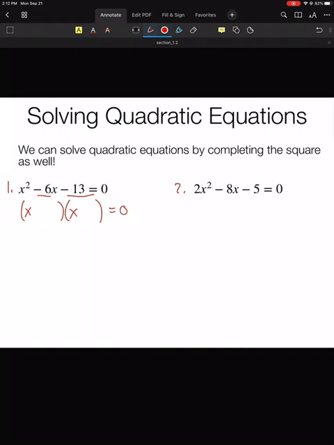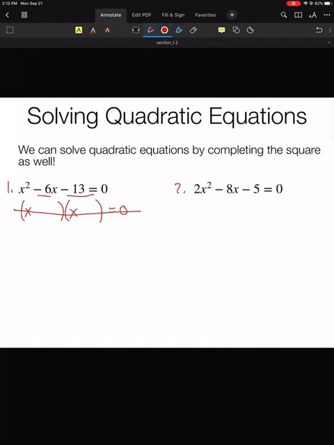That is not what we wanted to hear, because no matter how you try to slice it, adding 1 to negative 13 or negative 13 to 1, you're not going to get negative 6. So factoring is out. We need to complete the square.